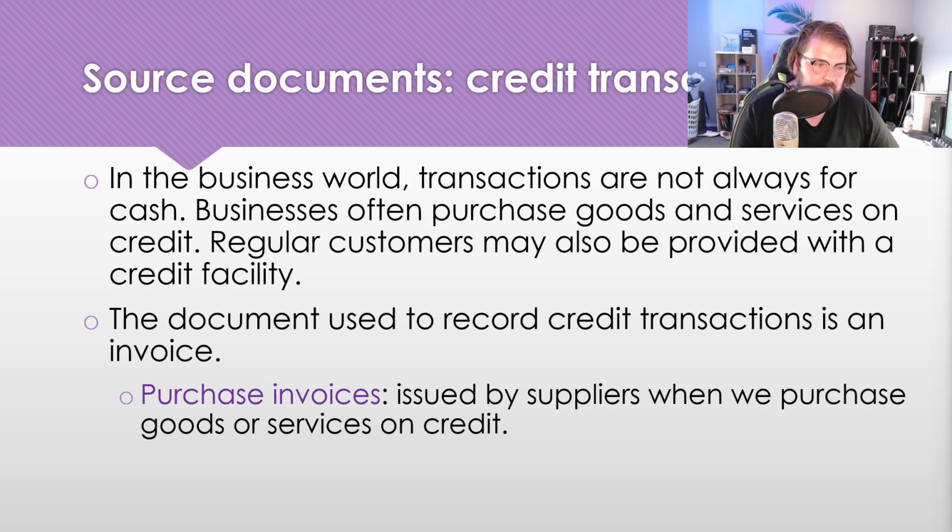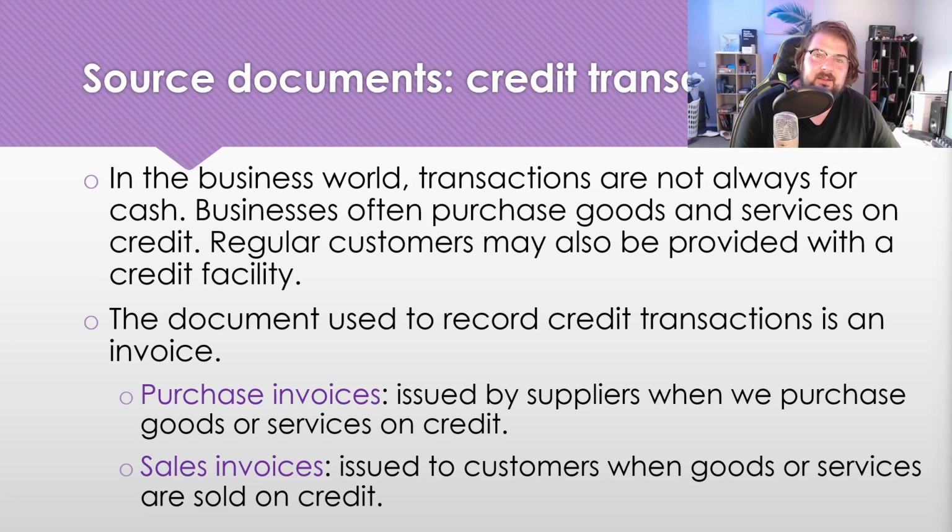We've got a purchase invoice where we have made a purchase, and a sales invoice where someone else has made a credit sale from us. We'll be looking at how we enter these into different journals later, but because they're not cash, we technically don't enter them until the cash component happens.